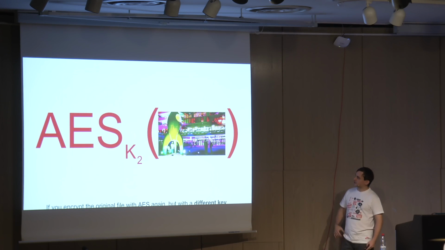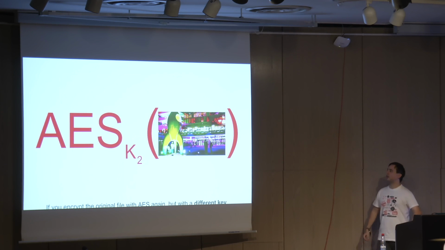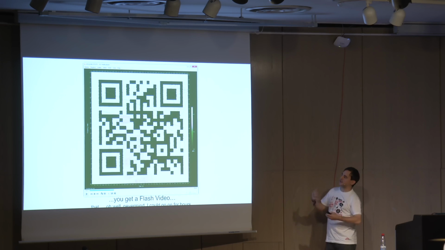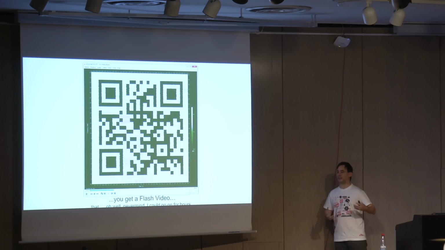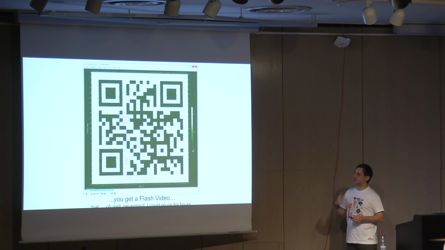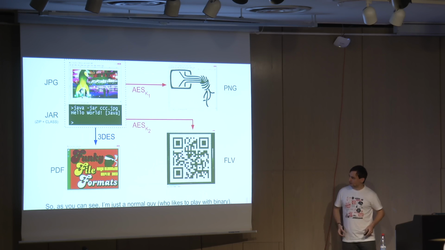If you encrypt the same file once again, but with a different key, with AES again, you get a Flash video. I could go on and on and on, getting crazy with the proof of concept. I thought I could do a whole talk with a single file, but maybe that won't be a real talk. So at least I hope that by now you're convinced that I'm just a normal guy, and I just like to play with binary.